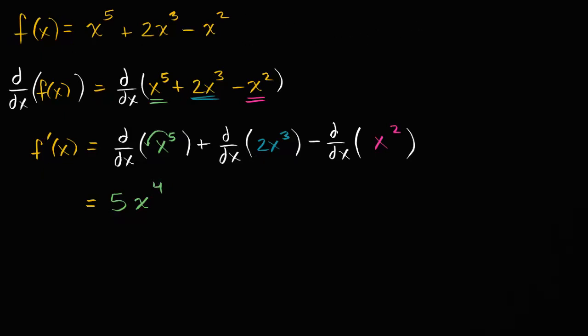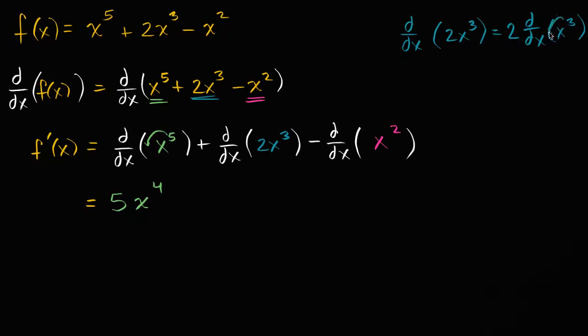So I could write the derivative with respect to x of 2x to the third power. We could bring the constant out: 2 times the derivative with respect to x of x to the third power. This is one of our derivative properties. The derivative of a constant times some expression is the same thing as the constant times the derivative of that expression. And what will the derivative with respect to x of x to the third be?